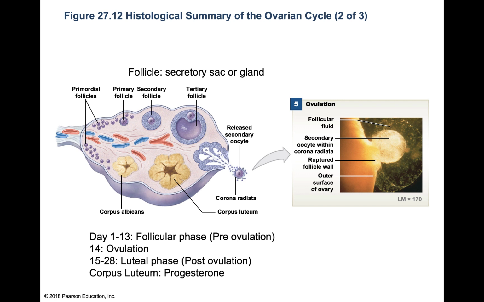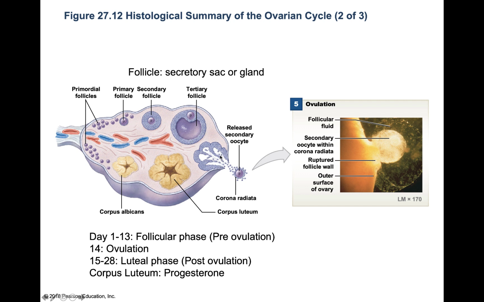If the average cycle is 28 days, we can say from day 1 through 13, it's going to be follicle stimulating hormone that's going to be released, that's going to stimulate the growth of the follicle. So these primary follicles are going to be stimulated, and this is going to become a secondary follicle, and then that's going to become a tertiary follicle, and this is happening from day 1 through 13, you can say.